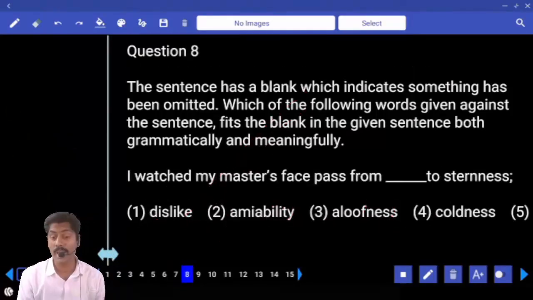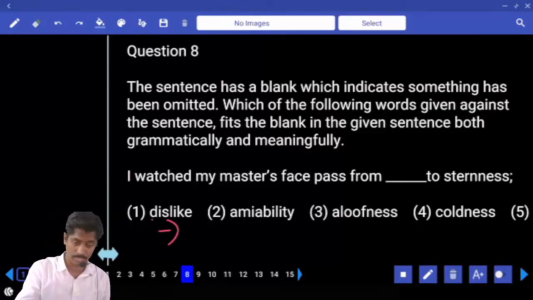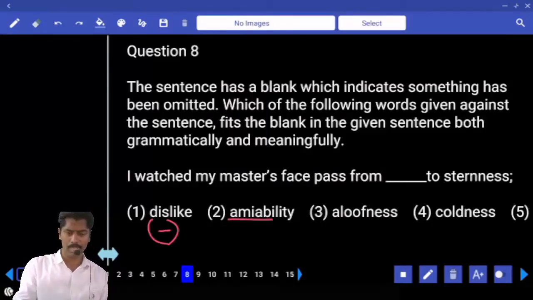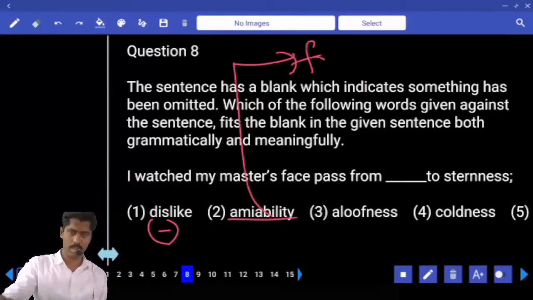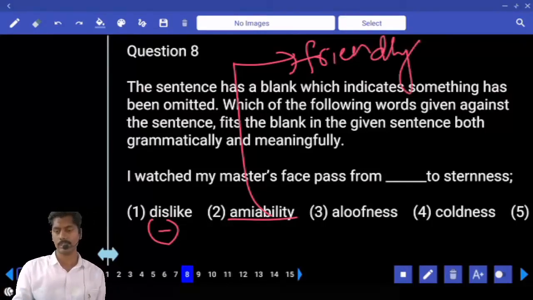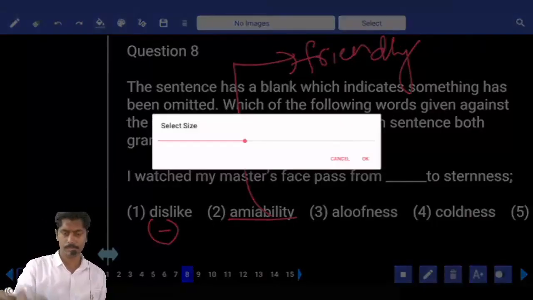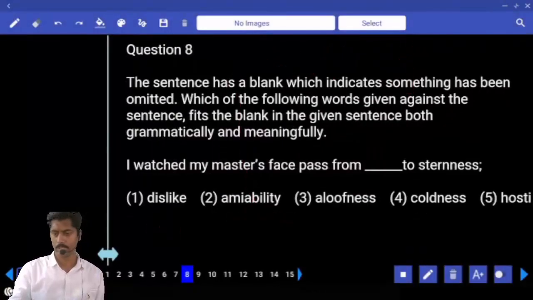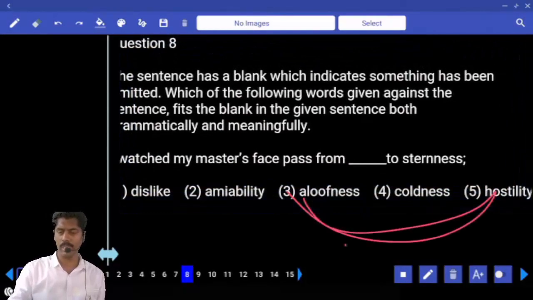I watched my master's face pass from dash to sternness. Dislike, negative. Amiable, correct. Friendly, lovable. Hostility. Third one, fifth one, same meaning.